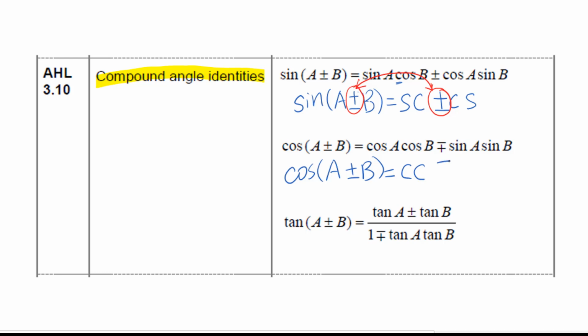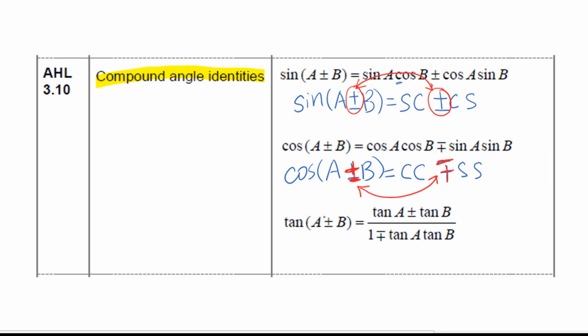This is minus or plus, sine A sine B, I write down SS. This time, check, this is a minus first, then plus. Corresponding to this is a plus first, then minus. So these two signs are opposite.